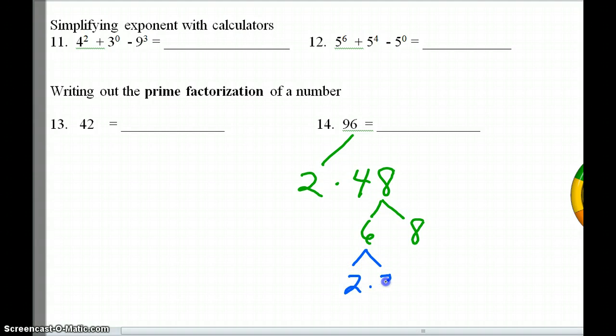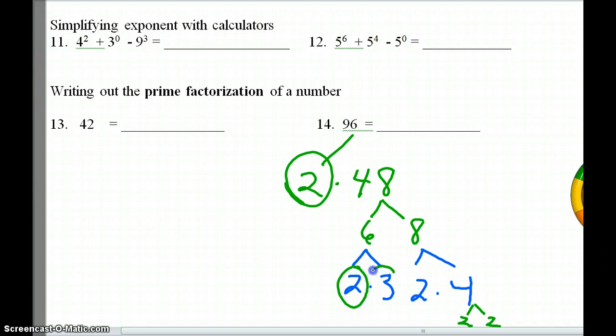So we have a 2 and a 3 here. We have a 2 and a 4 here. Oh, but I want to keep breaking these up because this 4 is 2 times 2. Now everything is prime. So what do we have? We have a 2 and a 2 and a 3 and a 2, and a 2 and a 2.